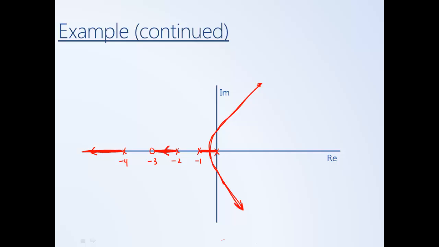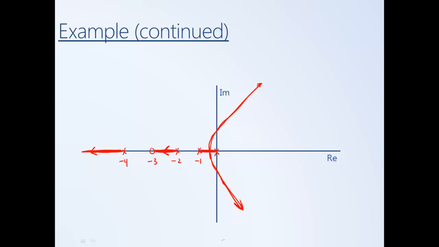Again, there's an equation for calculating that location in the book, but for us it's just good enough to know between which two poles and which two zeros we have breakout and break-in points. Similarly, we won't calculate where this cross is, though we could determine it using MATLAB.